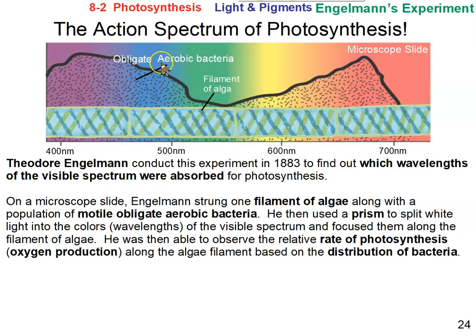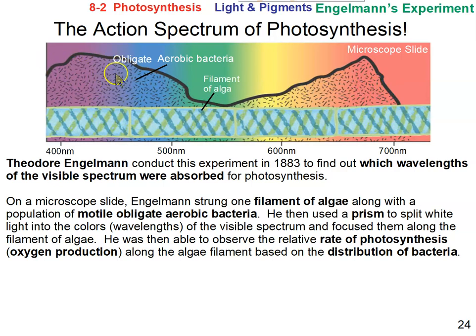And not only is it obligate aerobic bacteria, but it was also motile. In other words, if you'll recall, the structure that bacteria can have for locomotion, for moving around, for swimming around, is flagella. So, of course, this would be under water. So there would be water on the slide, because the algae requires water, and the bacteria would then be able to swim to where they wanted to go.